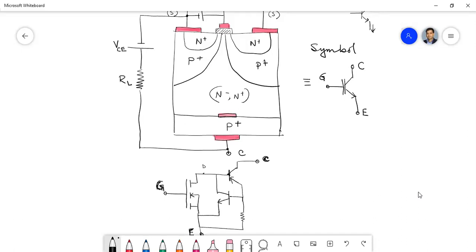So here it is a collector, or we can say it's a drain. Okay, so that is a P substrate. This is the N substrate. This is the P substrate. And as it is N, so this is N. So this is also P, and this is N.